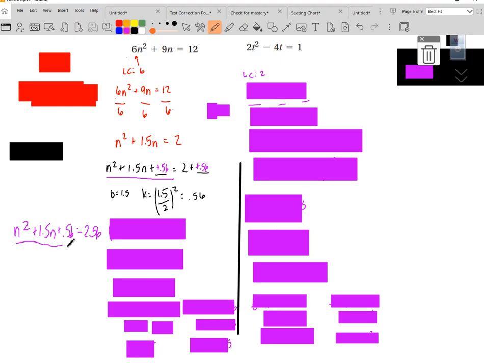Now, this is a perfect square trinomial. So if we're factoring this, it's going to factor into a binomial. So it's always going to be the square root of the first term, the square root of the last term, and whatever this operation is. So the square root of the first term is n, the square root of 0.56 rounds to 0.75, and that is squared.